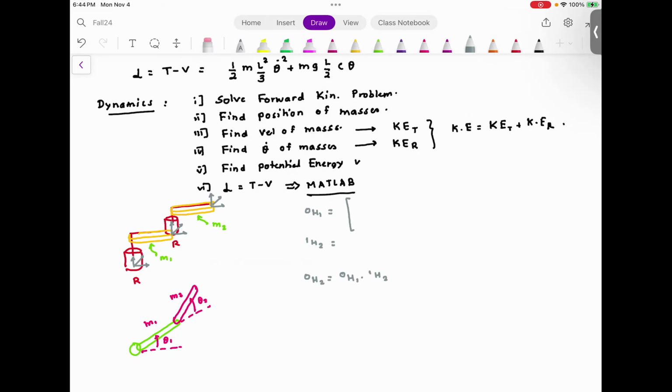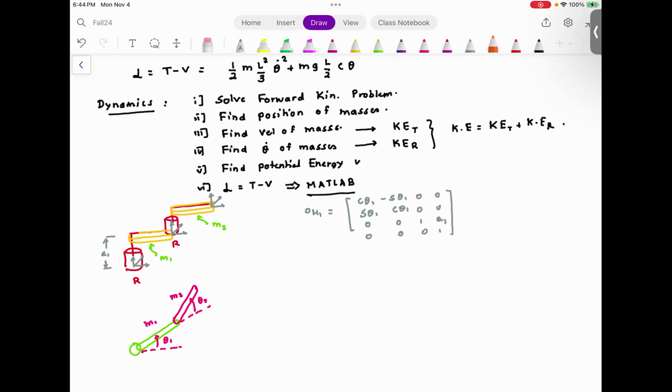These matrices are going to be cosine theta 1, minus sine theta 1, sine theta 1, cosine theta 1, 0, 0, 0, 0, 1, 0, 0, 0, and then this is going to be A1, 0, 0, A1, 1. And then we have to find out 1h2.